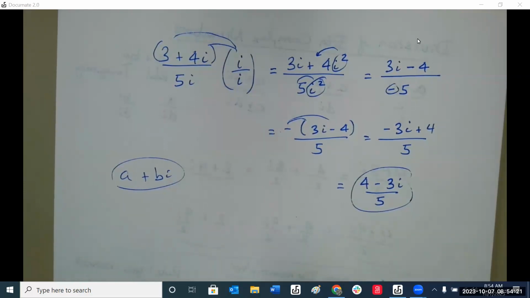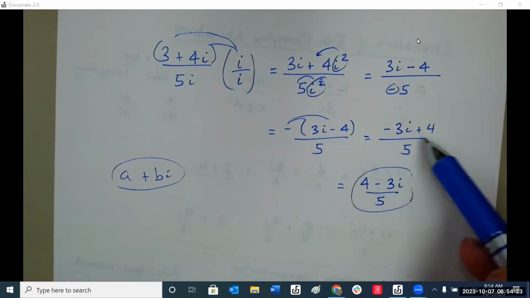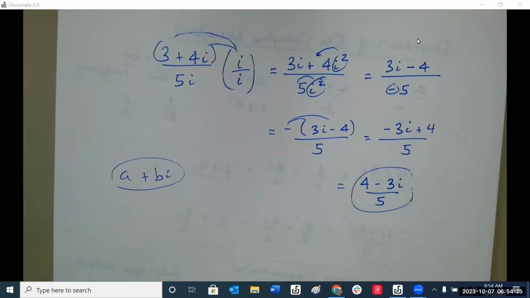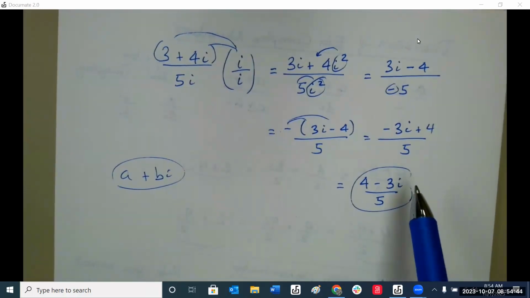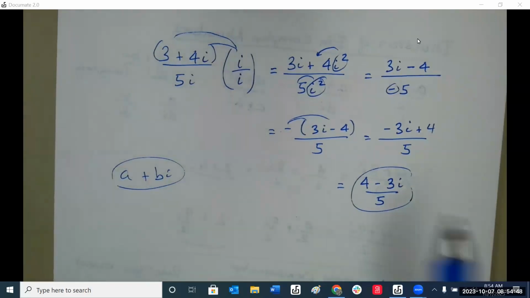So even though this is not a wrong answer, it just doesn't look right. You mean this one or this final answer? So many divide, you just make the equation on top into a complex number, right?